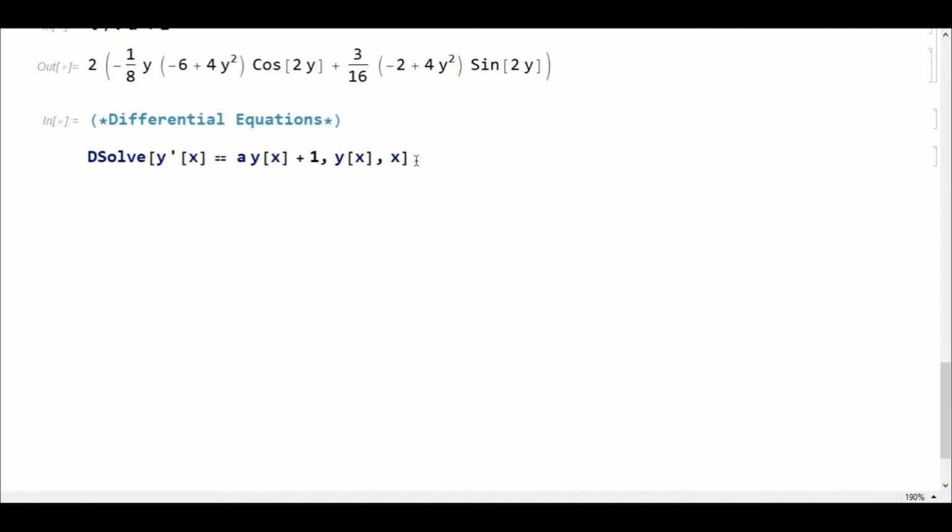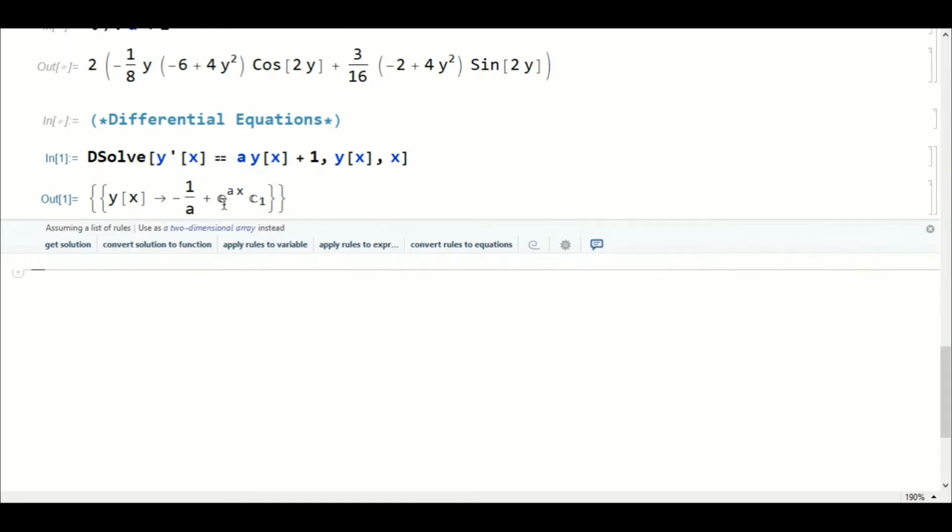Now let me solve it. You can see that y of x is equal to minus 1 by a plus e to the power ax times c1. c1 is the constant of integration. You can find the value of this constant by applying the boundary values, which we generally do.